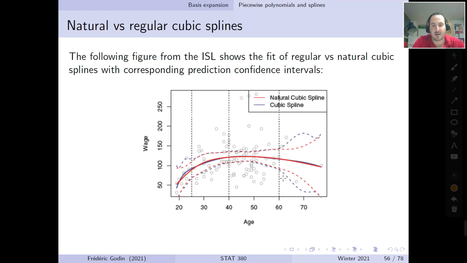We see that for the values in the middle, the predictions are not heavily impacted by this additional constraint for the first and last subintervals. The red curve is the natural cubic spline, the blue curve is the regular cubic spline. So predictions are pretty much overlapping, and confidence intervals are also the same.